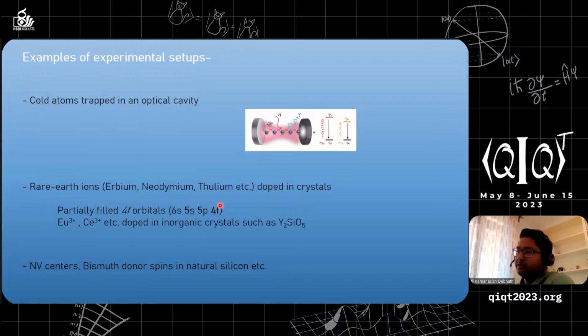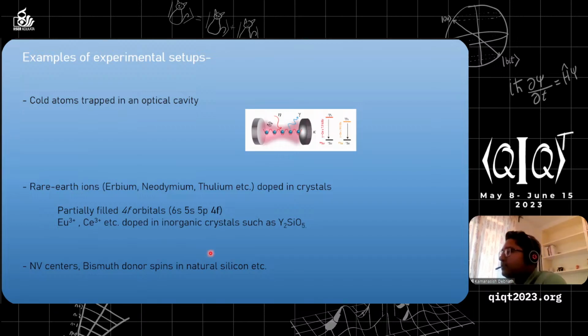This makes them nice candidates for quantum computing or even two-level atoms. They are doped in inorganic crystals such as Y2SiO5, and this is just an example. And then of course you have NV centers or other donor spins.